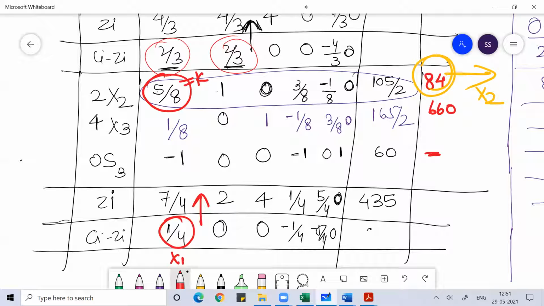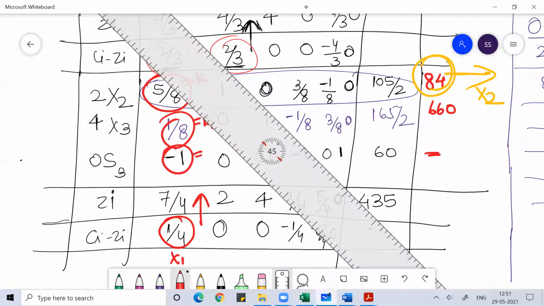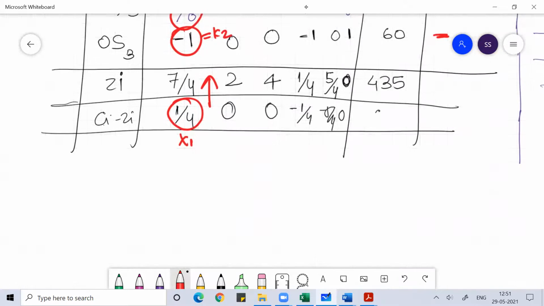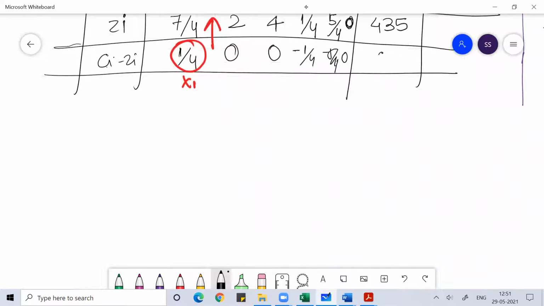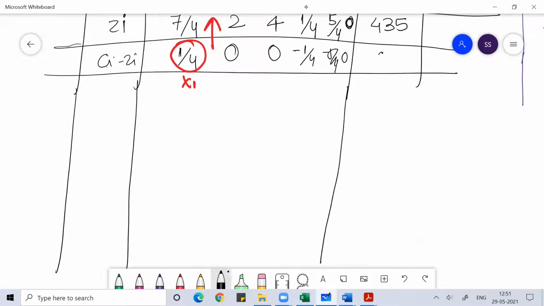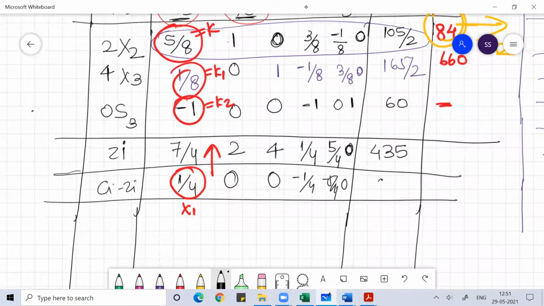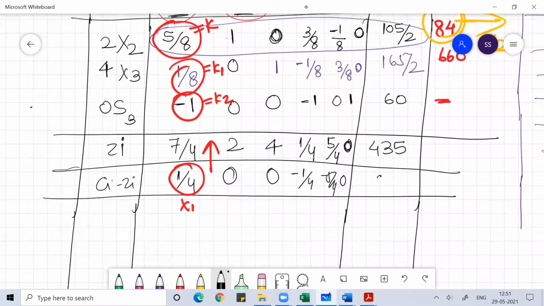While for x3 calculation, this would be your constant, and for s3 calculation, this would be your constant. Okay, once we are clear with this part, it means x2 will be replaced by x1.